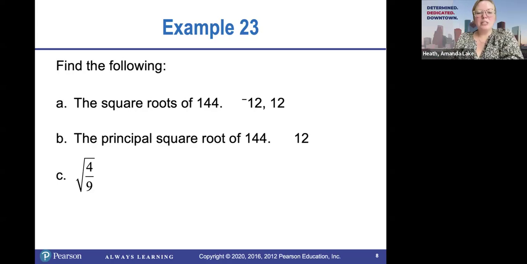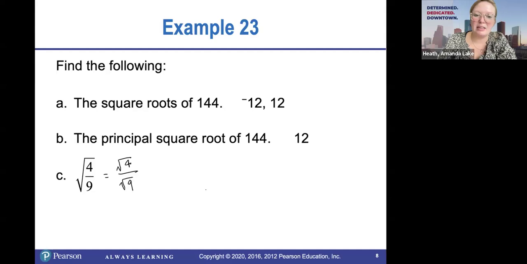Now, when we want to simplify the square root of 4 over 9, we are again talking about the principal square root because we're using that radical symbol. But we can simplify this to be the square root of 4 over the square root of 9, because square root is multiplicative, meaning it applies to things being multiplied.